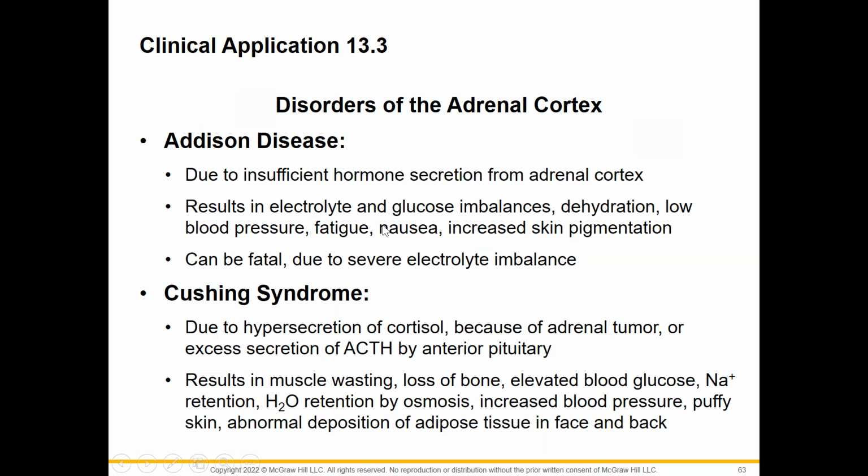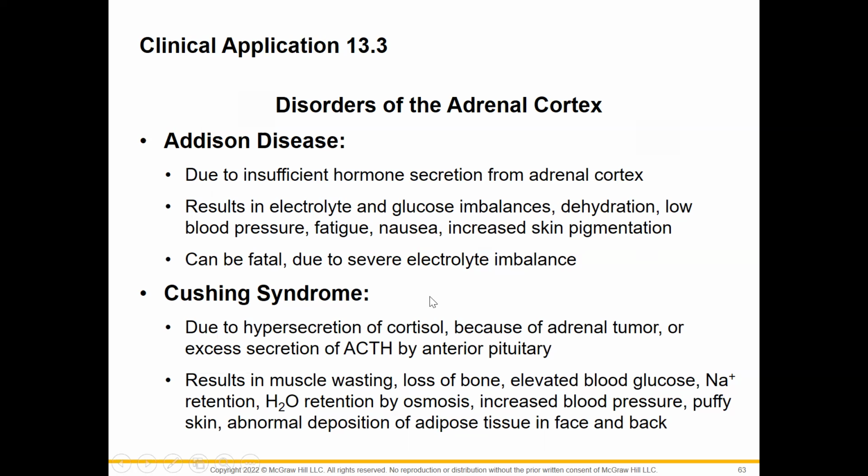You get fatigued, you might have nausea, and it might increase skin pigmentation. I'm not sure how to explain those, just know it. Addison's disease can actually be fatal because a person will have so little electrolytes in the body that the body then can't maintain function. So that is Addison disease.